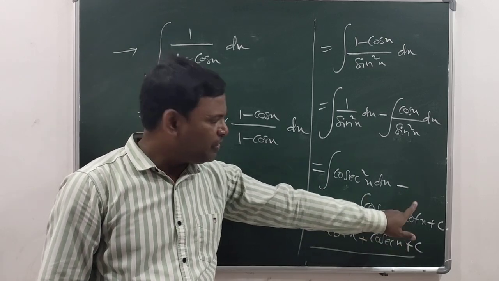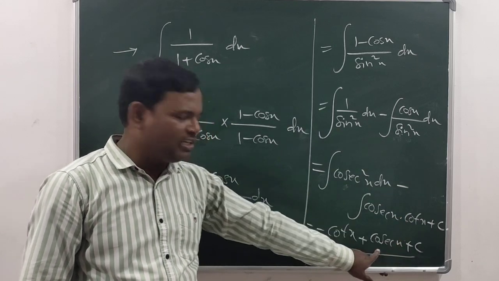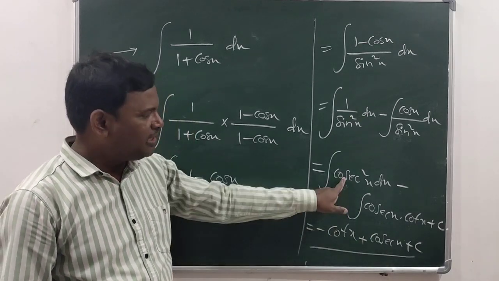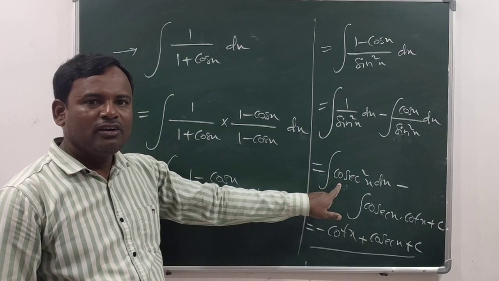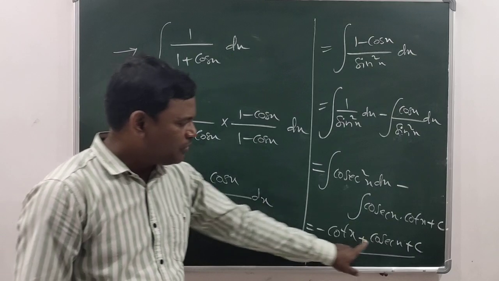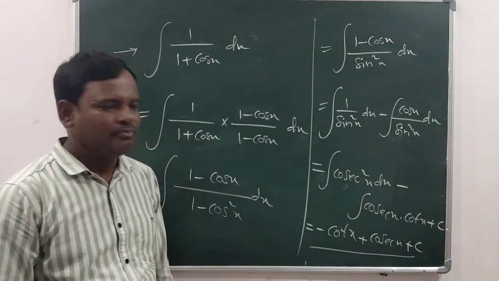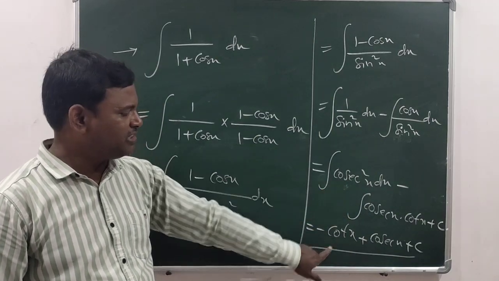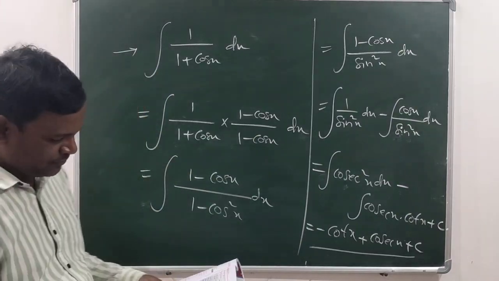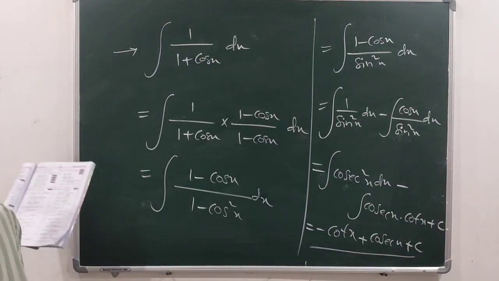So when you find the integration of minus cosec x into cot x, its integration will become plus cosec x. And here integral of cosec square x is minus cot x. You know, when you differentiate it, you would get back this step. Matching, no? Hence, its integration will be minus cot x plus cosec x plus c. Right? Now, let us go to one more application.